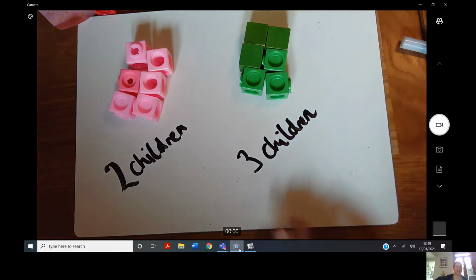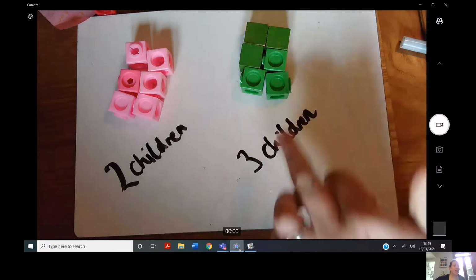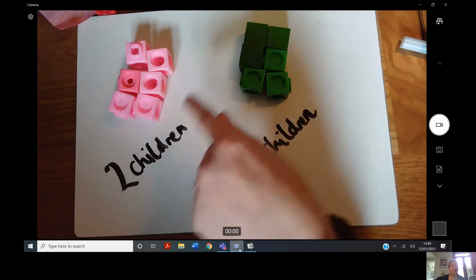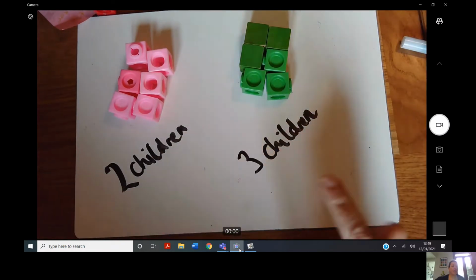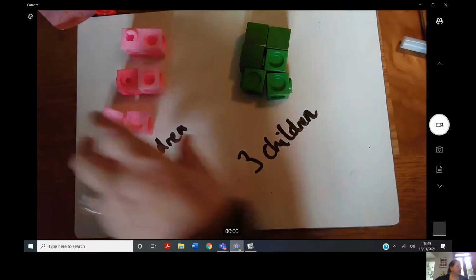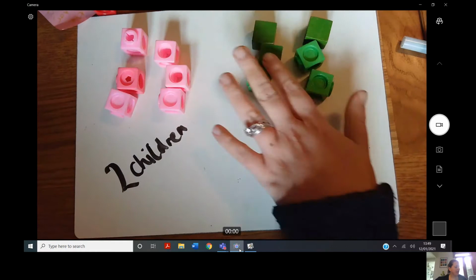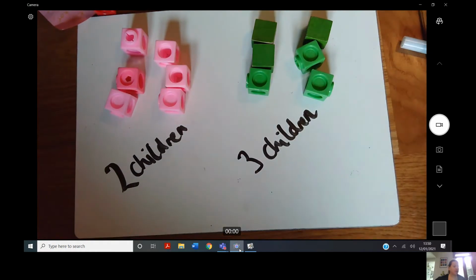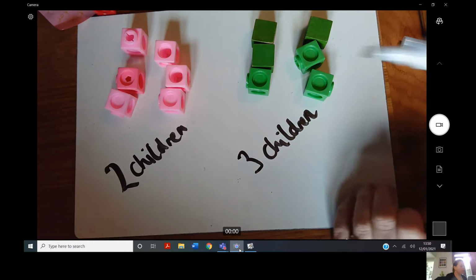My whole is 6. My whole is 6. I need to group my whole into 2 groups and 3 groups. So I need to split my whole into 2 and into 3 groups. So I'm going to split my group here, my 2 children, into 2 groups.